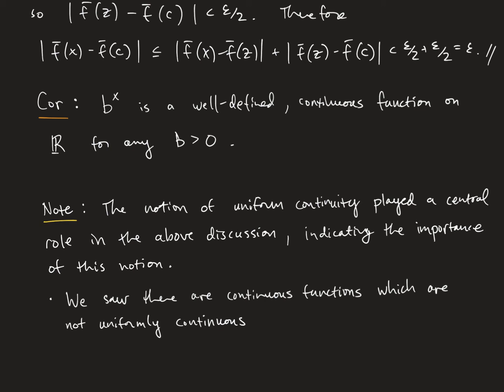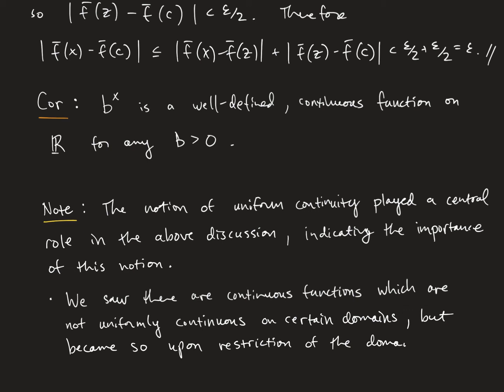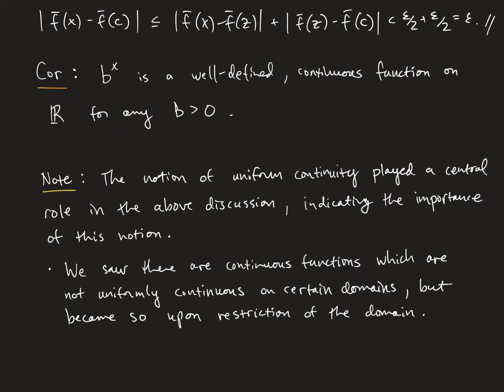So we saw there are continuous functions which are not uniformly continuous on certain domains, but became so upon restriction of the domain. And so the basic question is, can we say anything general?